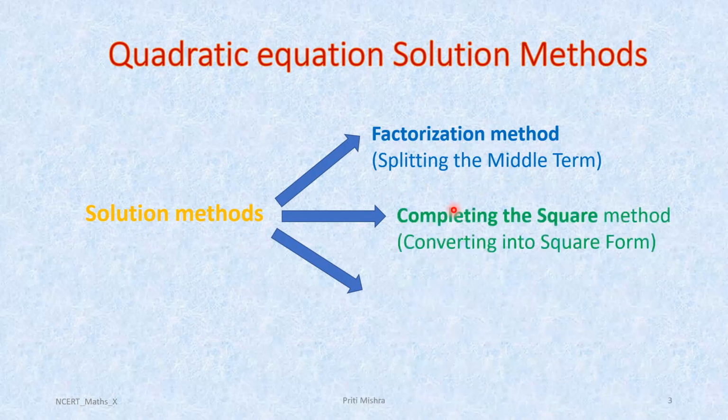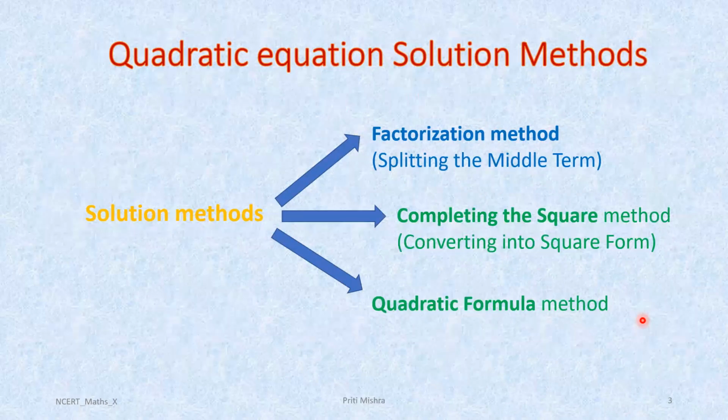And second method is completing the square method. Here we just convert the given quadratic equation into square form. And third method is quadratic formula method. Here we use quadratic formula to find out the solution of a quadratic equation. So we are having these three methods.